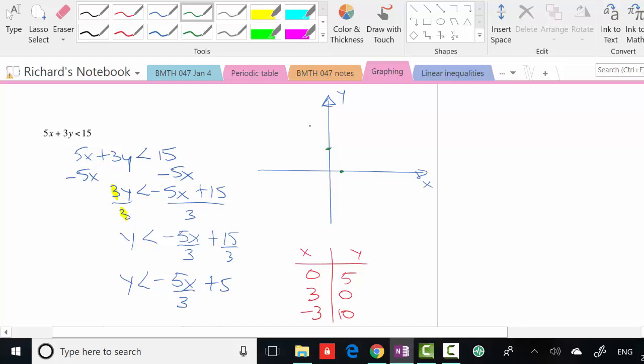And minus 3 and 10. All right, once again, this inequality does not have an equality component. So my boundary line will be a dashed line. Here we go. We'll draw the dashed line.